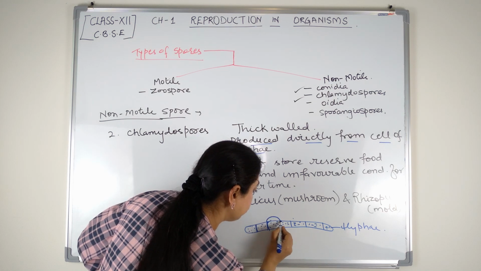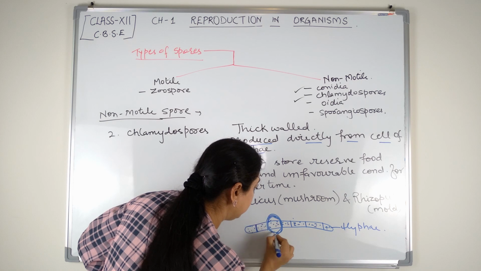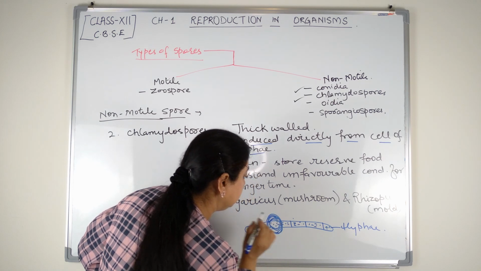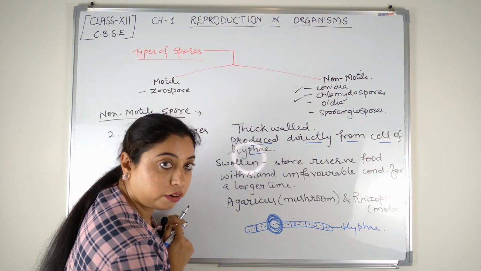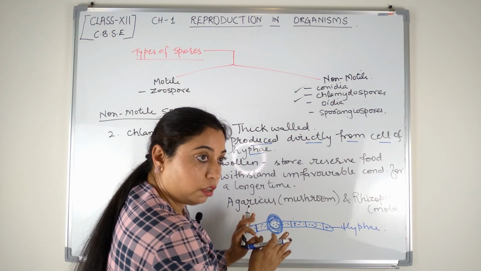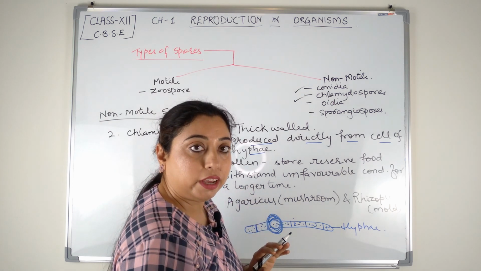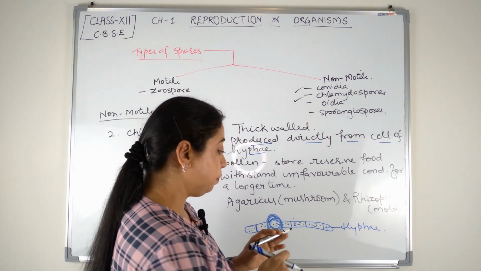It becomes swollen and it will have a thick wall. Right. So something like this is going to happen. A single cell of the hyphae will be transforming into a chlamydospore.